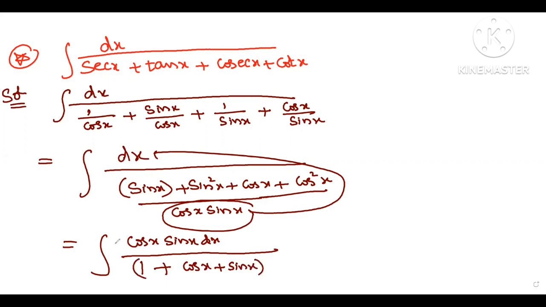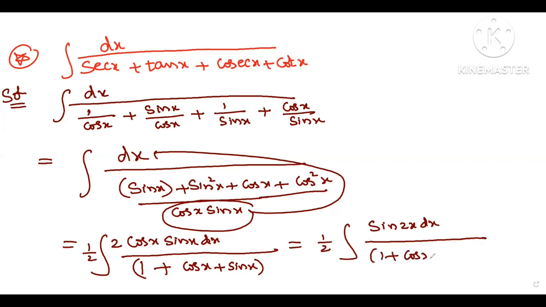So here, multiplying and dividing by 2, what do we get? 1 by 2 times of 2 cos x sin x, we know that is sin 2x, upon 1 plus cos x plus sin x.